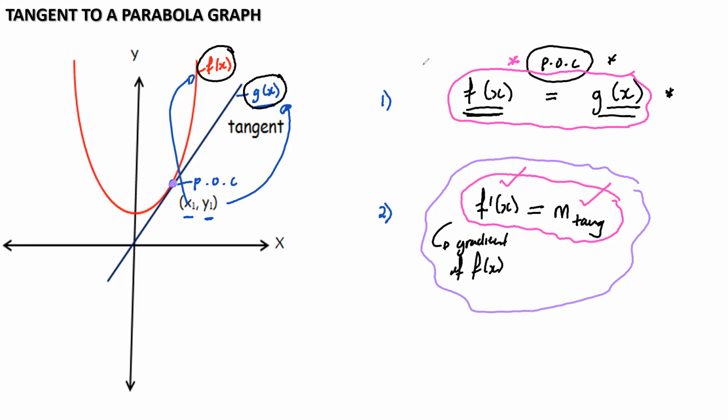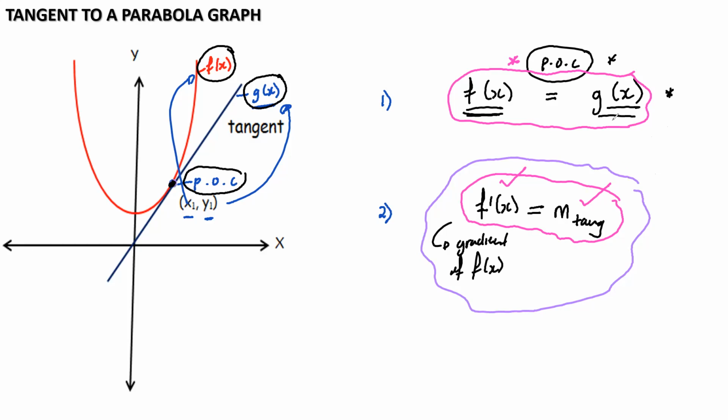It must be clear. The gradient of the tangent and the gradient of the parabola are only equal at the point of contact.